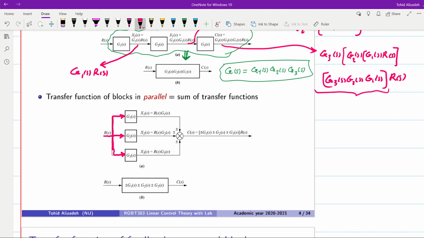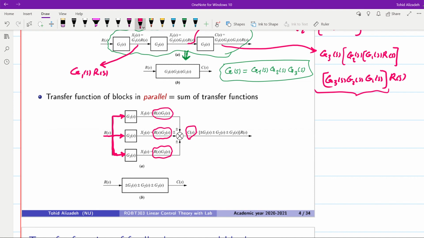That's why we can say that they are parallel with each other, and their outputs are added at the summing point. If you follow the signals, R is provided as the input, so the output from the first block is equal to R times G1. For the second one we have R times G2, and for the third one R times G3, and therefore the final output C of S will be equal to plus minus G1 plus minus G2 plus minus G3 times R of S.